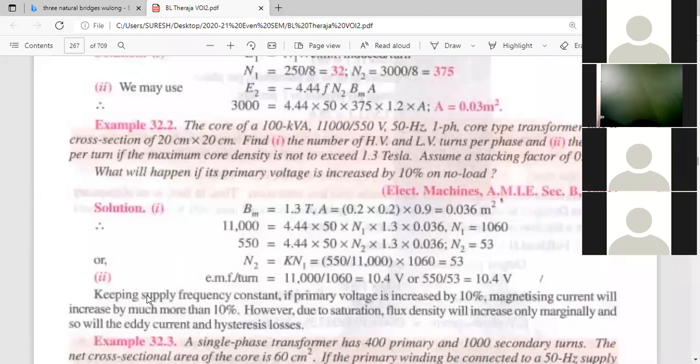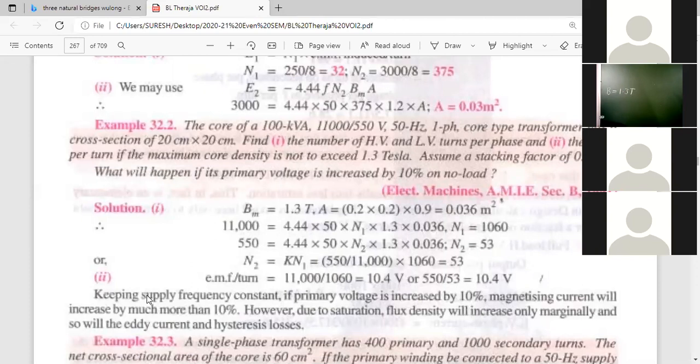Have you written? Yes, sir. See here. What is the flux density he is giving? Flux density is 1.3 Tesla.